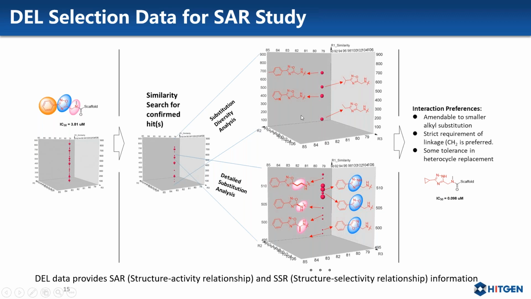On the left side of the heterocycles, both aromatic ring and aliphatic ring are tolerable. And also the linkage between the heterocycles and the scaffold is important. In this case, CH2 is preferred. So finally, a 98 nanomolar hit was quickly identified after post-selection data analysis.